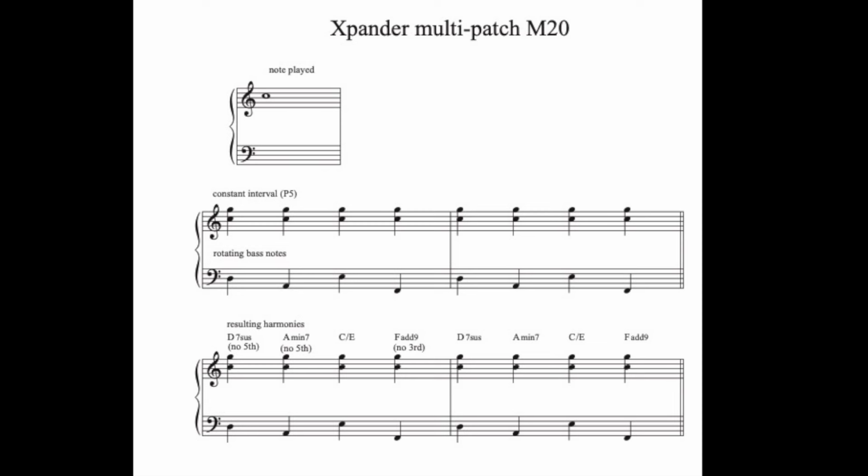C in the first inversion, C over E, and then you have an F add 9, but there's no third. So again, very open voicings, open to interpretation. Are we going to think that this F add 9 would have a major third, a minor third? Anyway, that would just keep cycling like that if I were to continue to play that third space C.